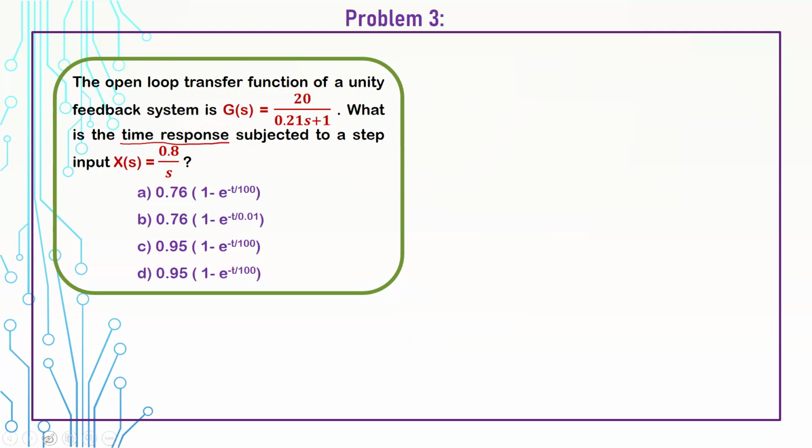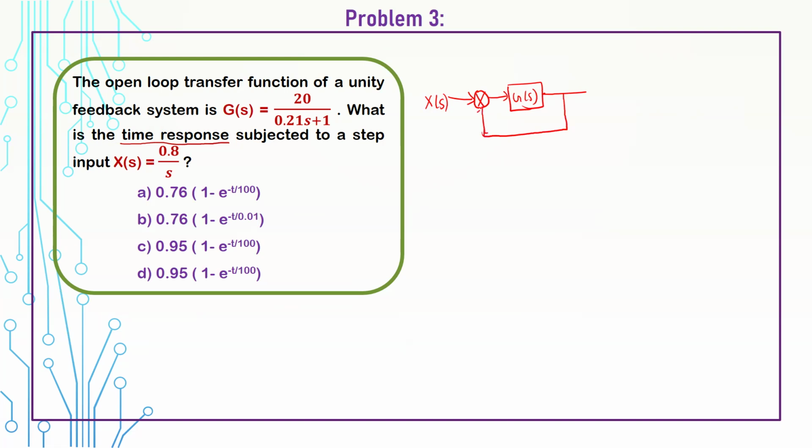Okay. So normally the closed loop system will be like this. Here X(s) is given as input. G(s) is the open loop transfer function that we know. Since this is a unity feedback system, there is no feedback element connected here.